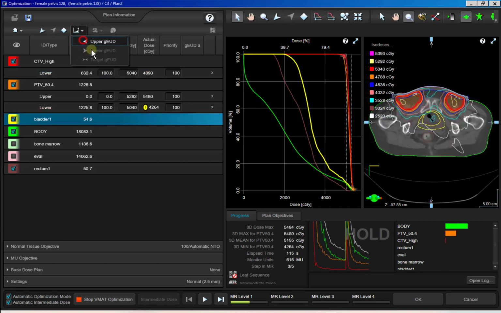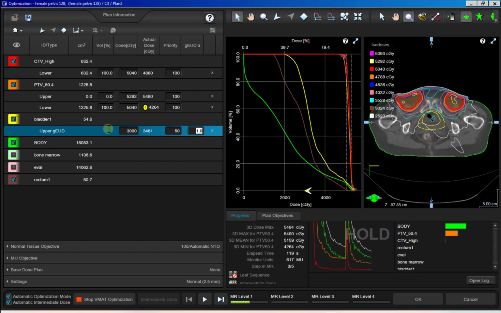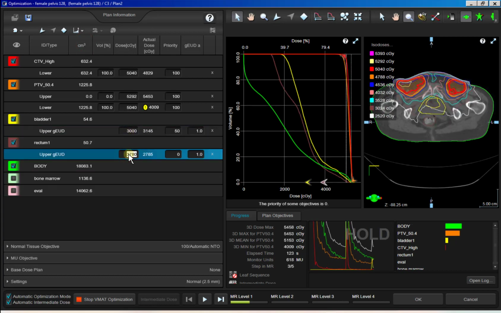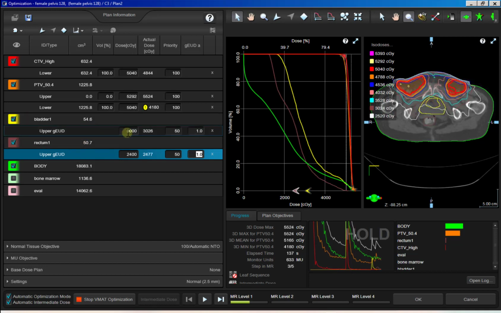So I just start with EUDs. I'm going to do multiple at a time. But no harm in doing one OAR at a time. You can just do one at a time if that's where you're at.